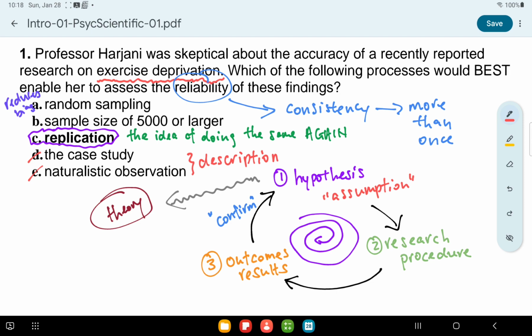Simply by describing exercise deprivation, we don't really learn a whole lot about deprivation. We don't learn the dynamics underlying deprivation and why deprivation works in such a way, or the reasons exercise deprivation influences various other aspects of life. We don't learn why, and hence there is nothing to measure really. Okay?